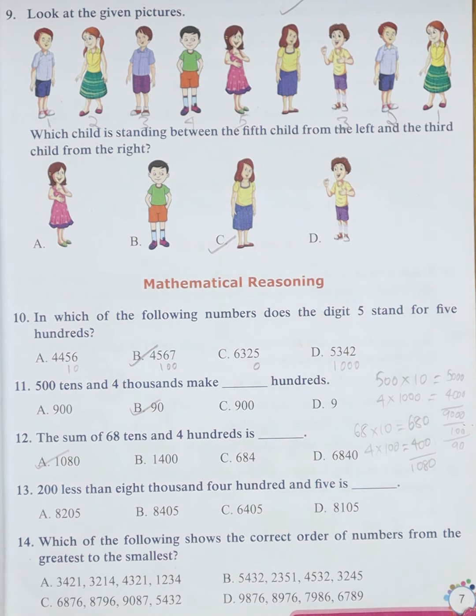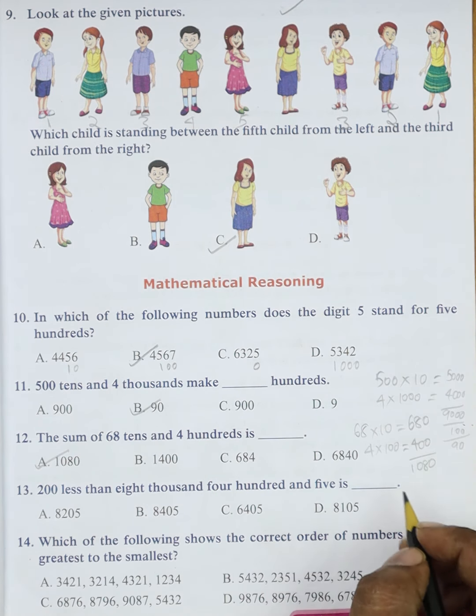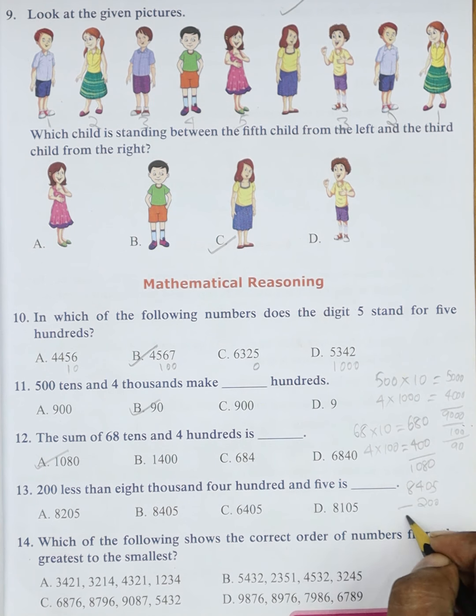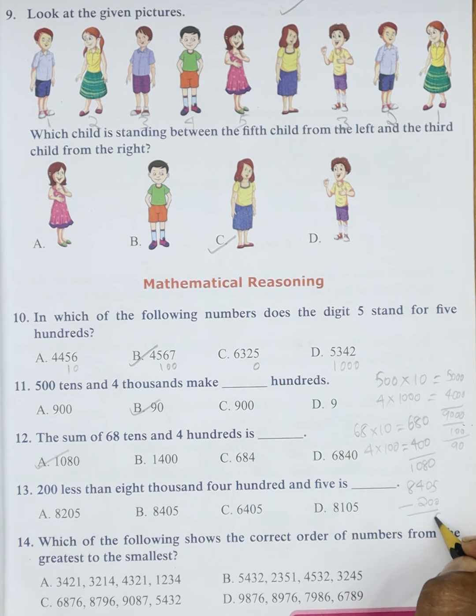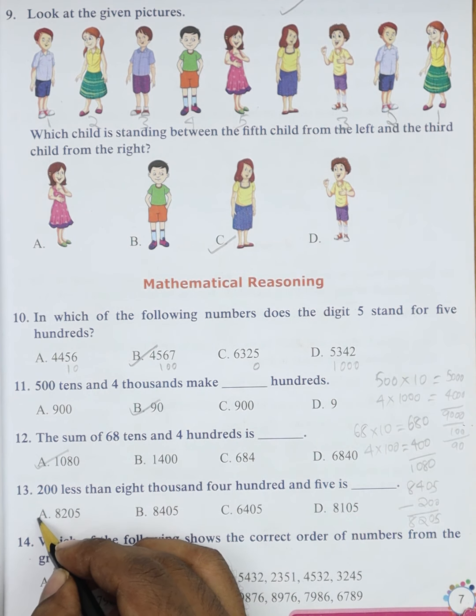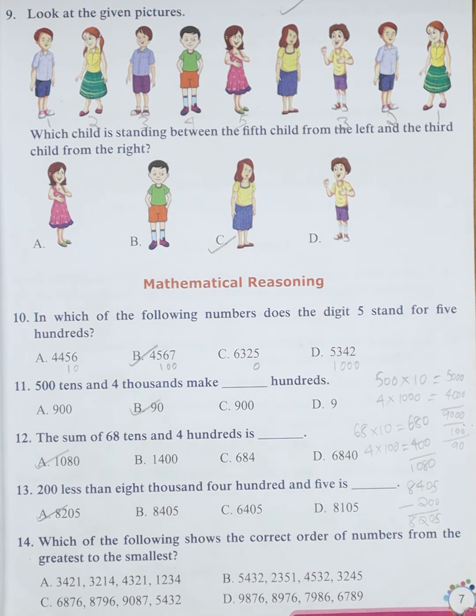So 200 less than 8,405. So it is 8,205. So the answer is A, 8,205. Okay, moving on to the next question.